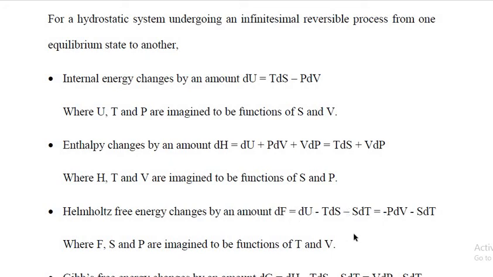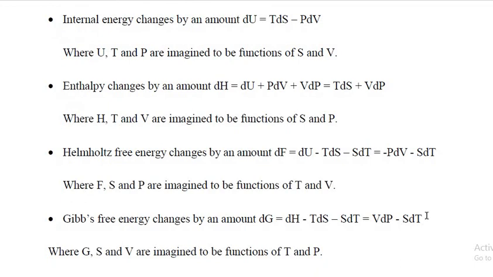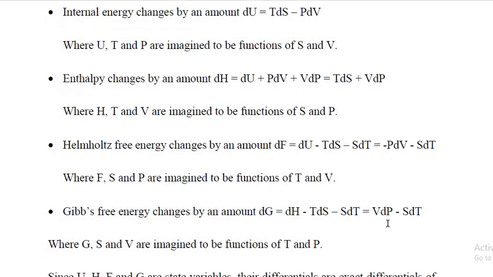Here again this F, P and S are imagined to be functions of T and V. Next, Gibbs free energy changes by an amount dG is equal to dH minus TdS minus SdT, that is equal to VdP minus SdT. For this also you can go to Gibbs free energy and check the equations, where G, S and V are imagined to be functions of T and P.